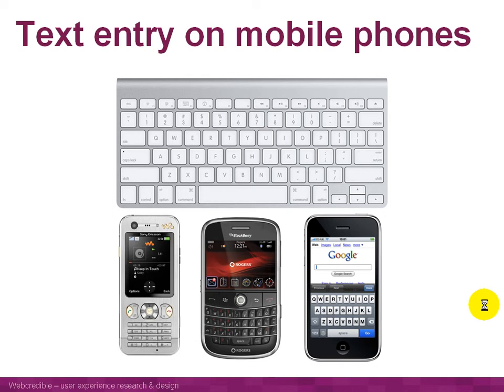Whenever we've done usability testing on mobile phone keypads in our labs here, we find that people are a lot slower and they make a lot more errors when using any type of mobile keypad. It doesn't matter whether it's the sort of 12-digit number keypad we have on the left here, where people really struggle, or whether it's the better QWERTY keypads that we have on the BlackBerry, or the newer on-screen keypads. People make a lot more errors and they're a lot slower whenever they have to enter text on a website using their mobile phone than when using their PC.